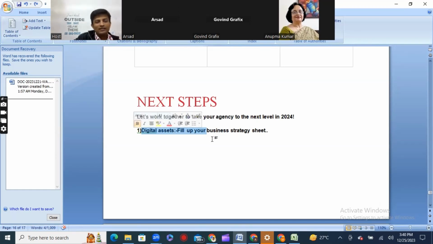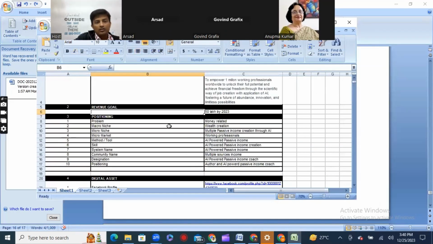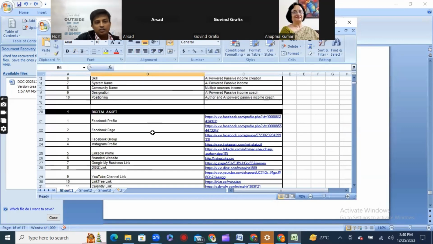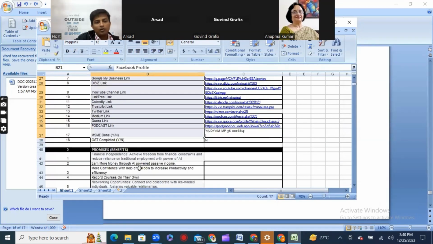So your profile, everything has to be optimized, and this is the business strategy sheet that you should fill. In this strategy sheet: your mission, your revenue goal, your problem, macro niche, and your digital assets.